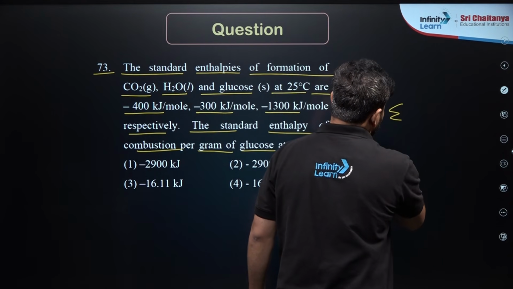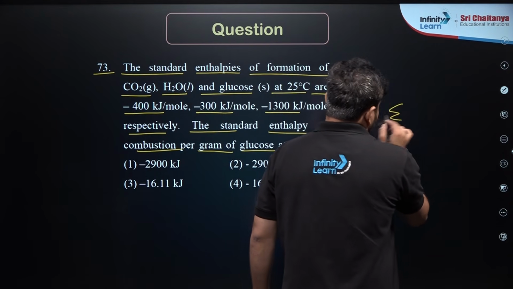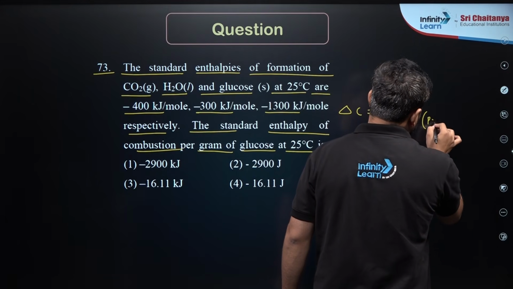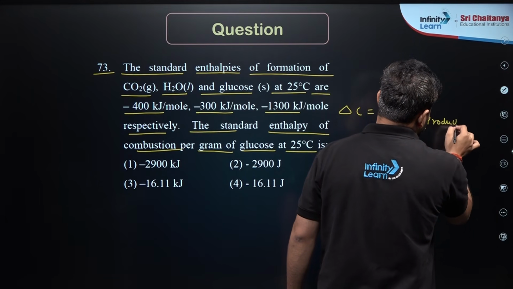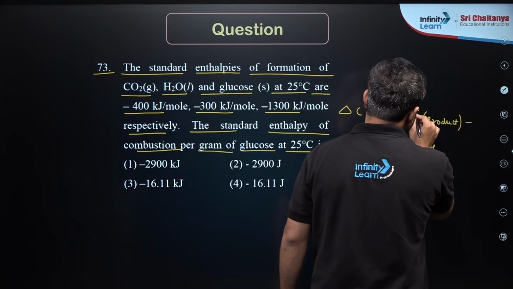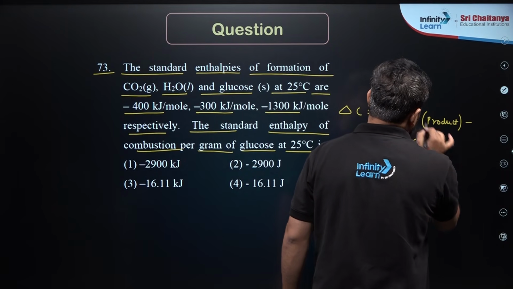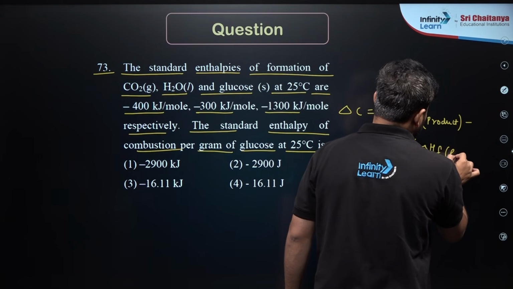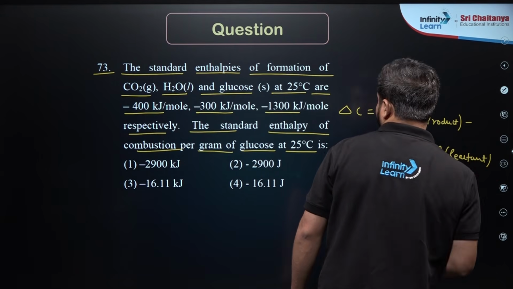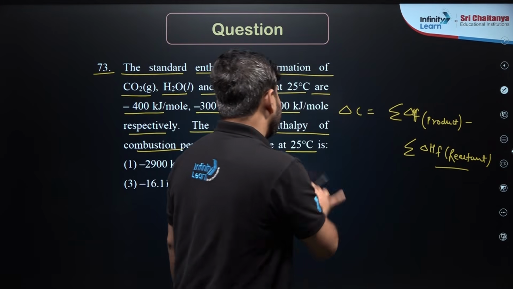Overall, we have to find the summation of enthalpy of formation of the products, and after that minus the summation of enthalpy of formation of the reactants. We just have to apply this formula after writing the reaction.